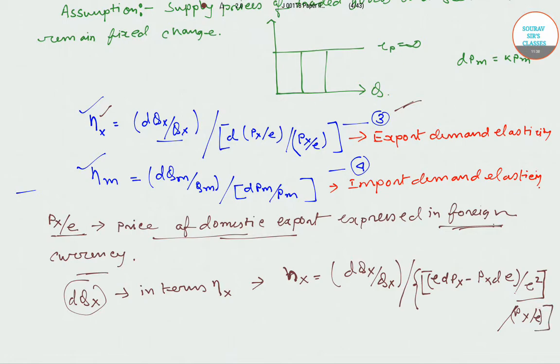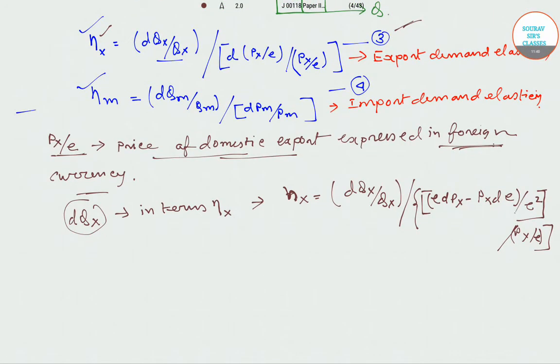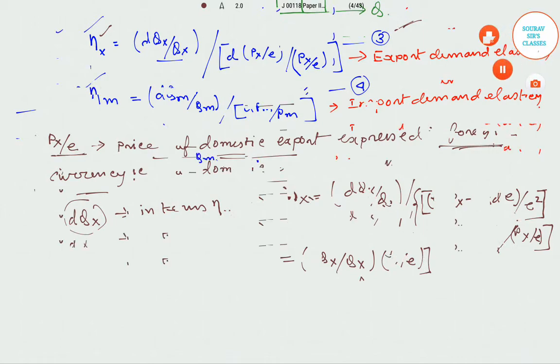So now if you further solve it, you will get the value to be equals to dQx by Qx into Ex by E whole divided by dpx by qx.